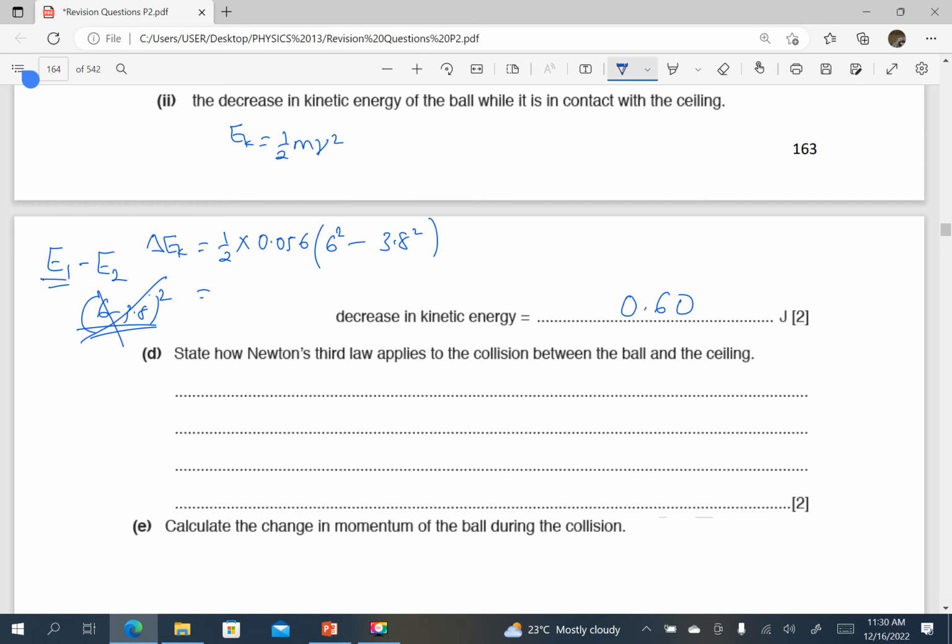State how Newton's third law applies to the collision between the ball and the ceiling.